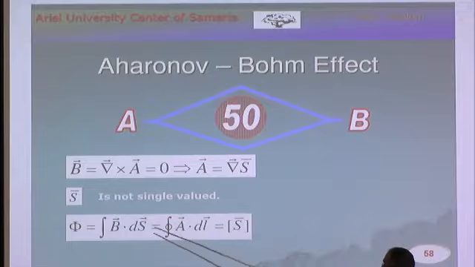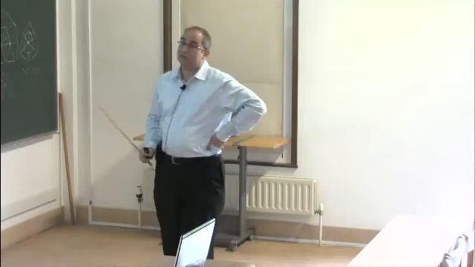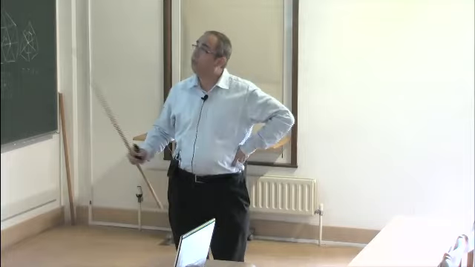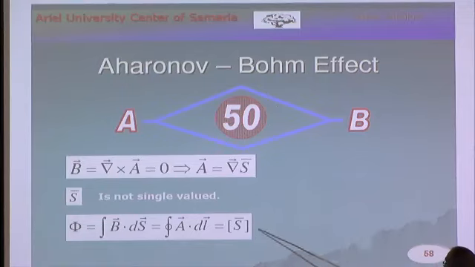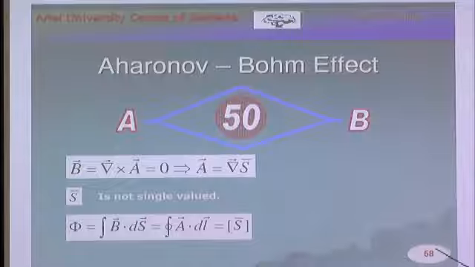You go from the integral of B dot dS, and you arrive at this line integral of A dot dl. When you put the grad S in, you see that you just get the discontinuity of this non-single valued function. So this discontinuity has a physical meaning. It's not just something you can brush away.